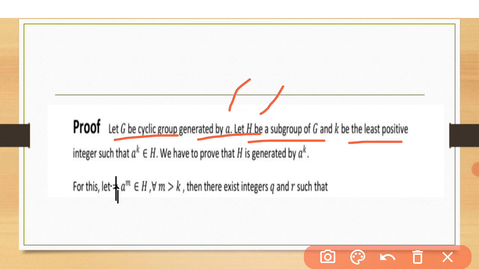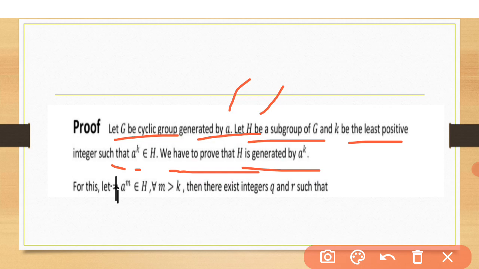And let k be the least positive integer such that a raised to power k belongs to H. We have to prove that H is generated by a raised to power k.